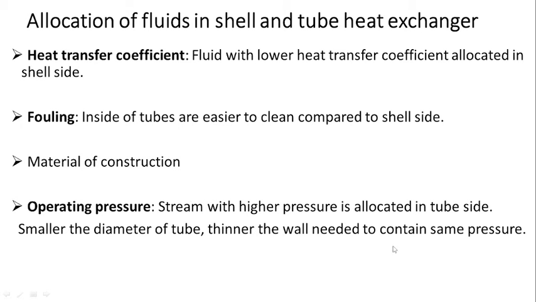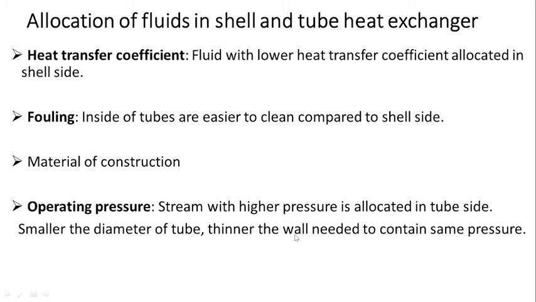This is because a stream with higher pressure is preferred in tube side: for a smaller diameter tube, a thinner wall is required for the same pressure which is handled. So tubes are more effective at containing high pressure than shell side.